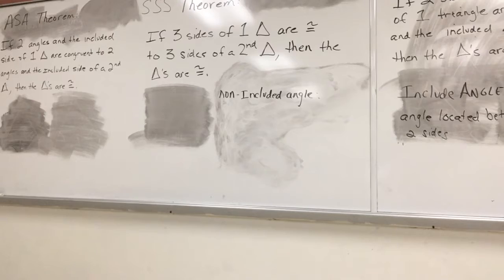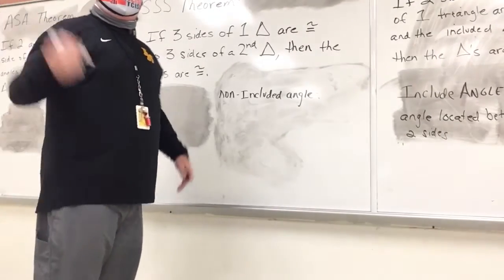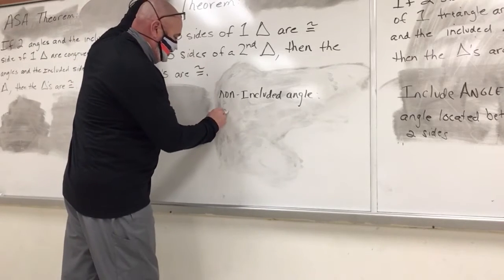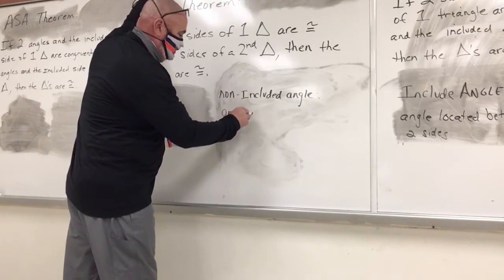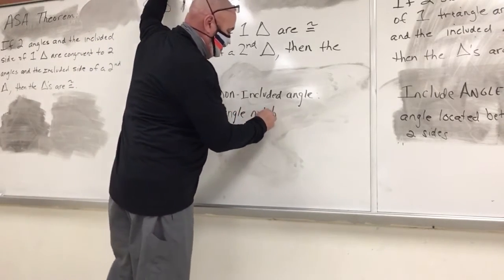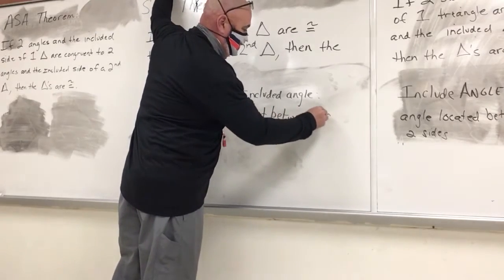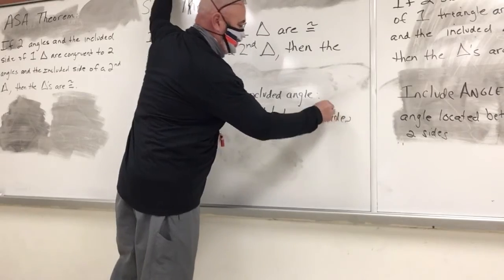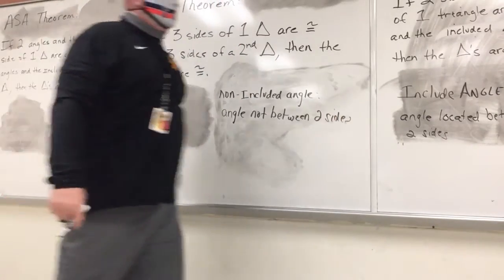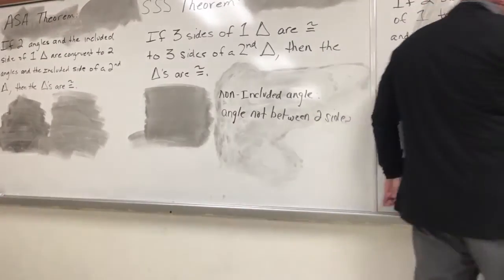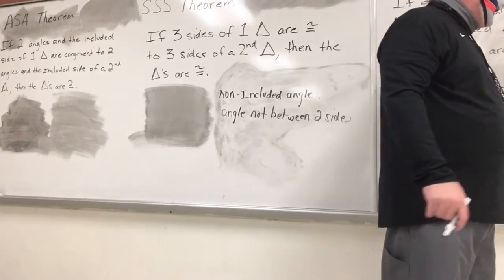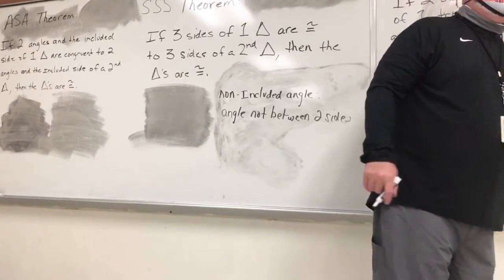A and C. Yeah, it's going to be the angle not between two sides. So in this case, we're talking about AB and BC.